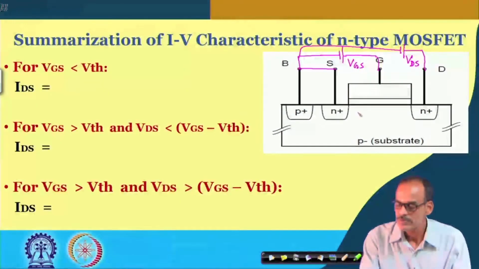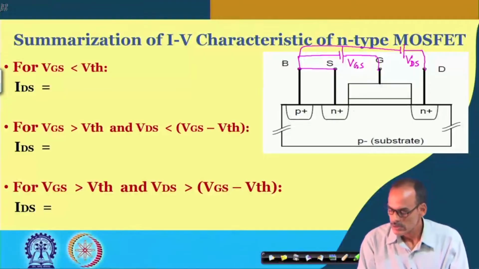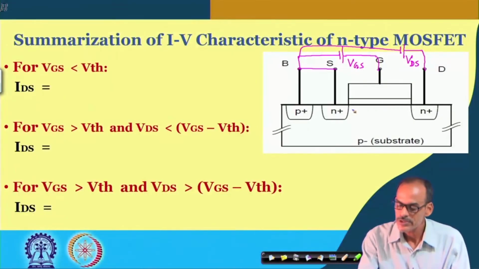VGS is generating the channel, the electrons are moving in these directions, and the consequence is that the current is flowing in this direction.